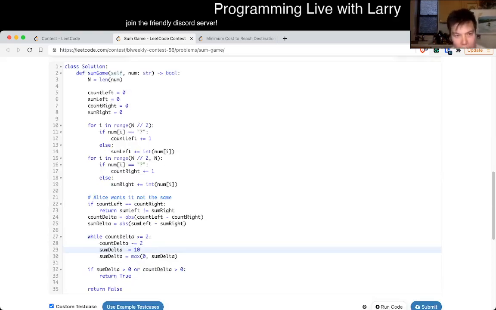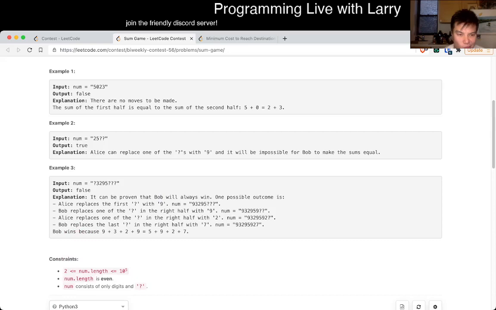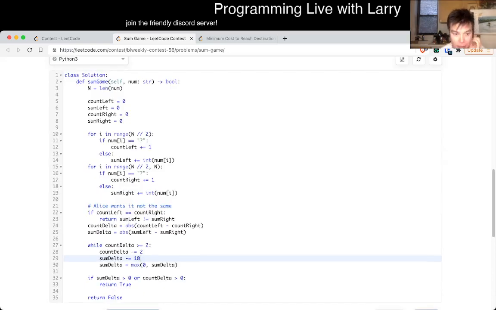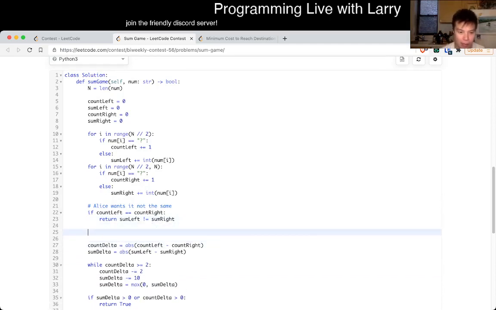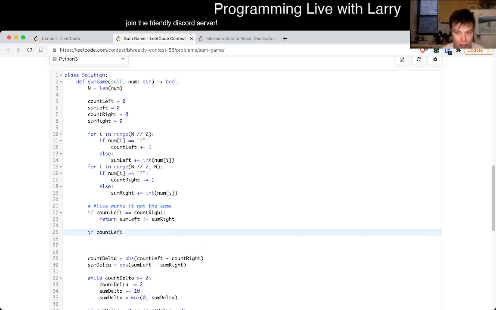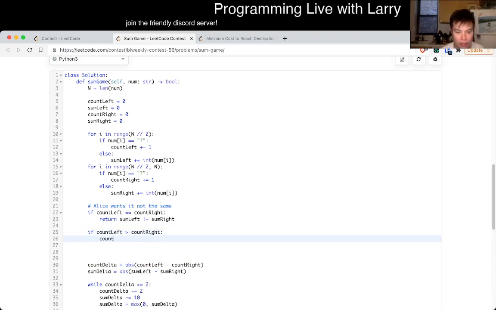I was thinking that it doesn't, but how do I do this? Maybe I optimized a little bit too early. Okay, fine. Let's do it the other way.